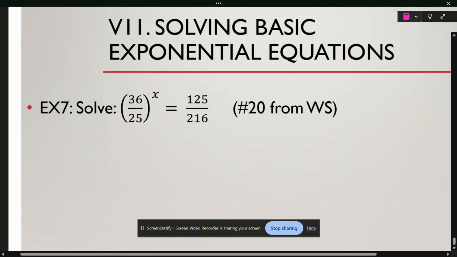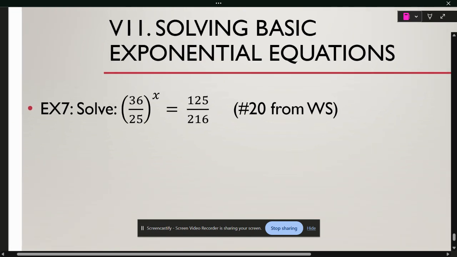So let's move to example number 7. I'm going to show you this one. It's from your worksheet that I'm going to give you here in class in a few minutes. Solving basic exponents. So we've got 36 over 25 to the x is equal to 125 over 216. Nothing is in a simplified form. So think to yourself, what do 36 and 25 have in common? 6 and 5.